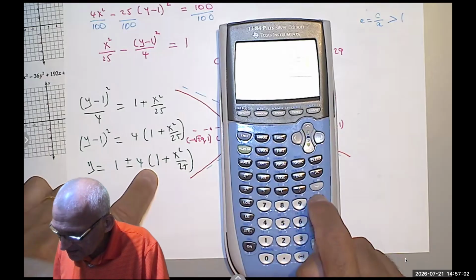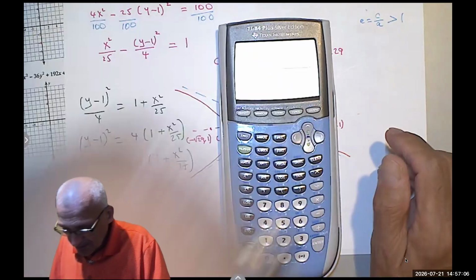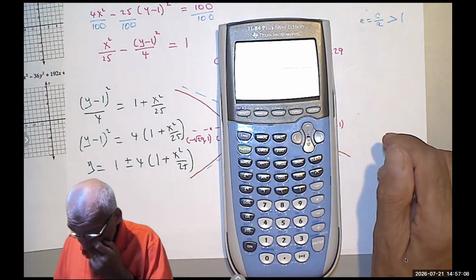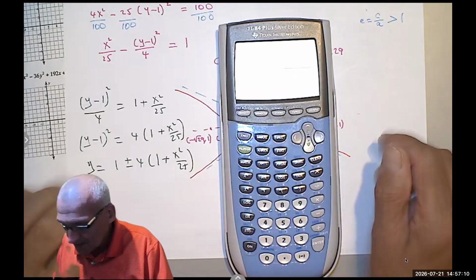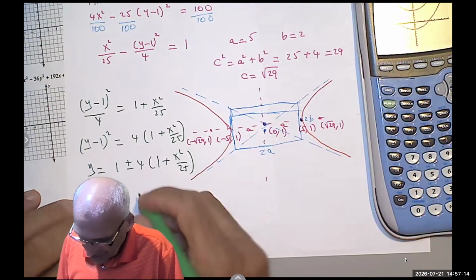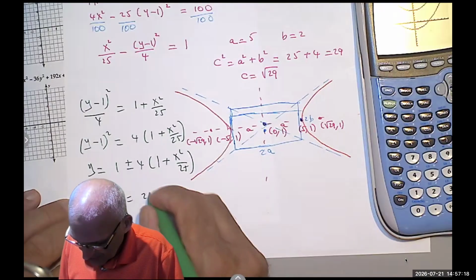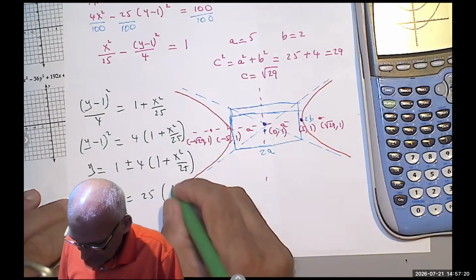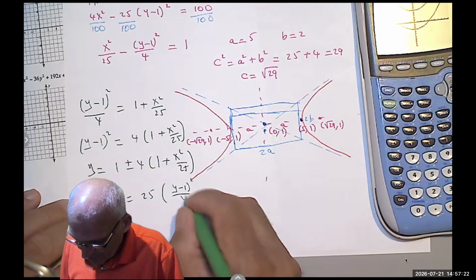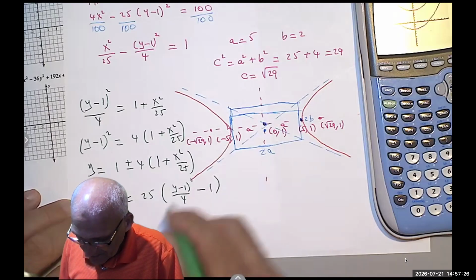Did I do it correctly? No, I did not. Because I did the y, not the x. Oh my God, it's x. So it should be x squared equals 25 times ((y minus 1) squared over 4 minus 1), right?